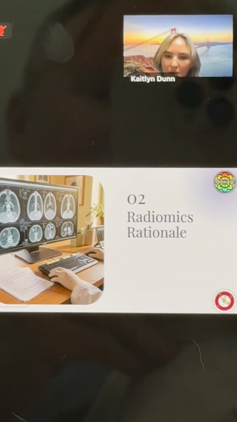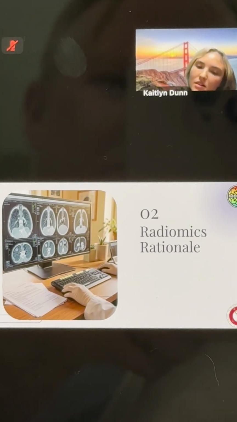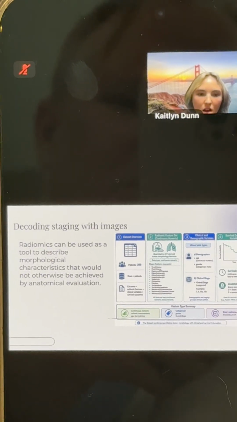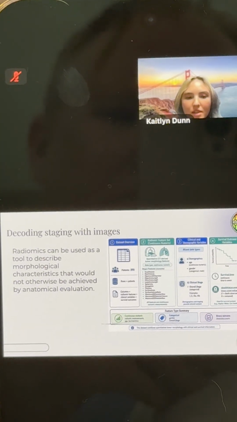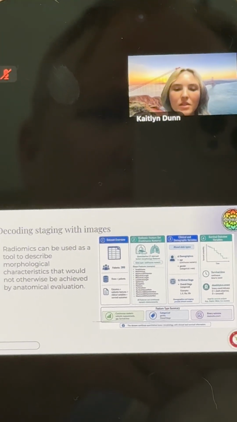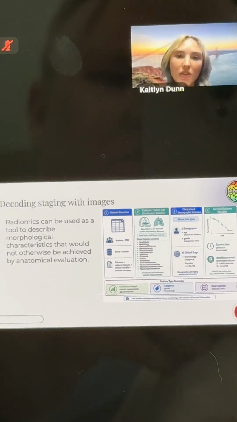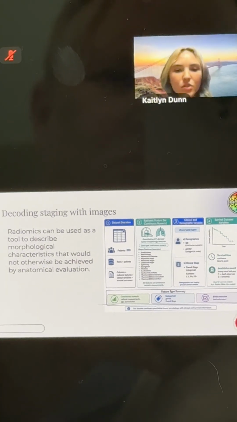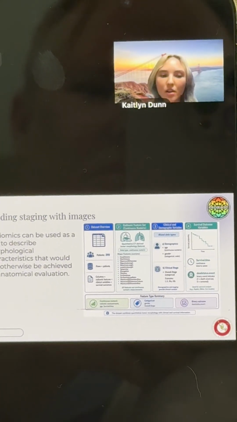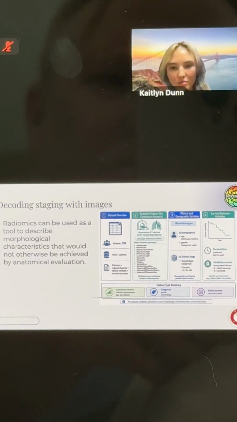So the data type that I'm using is called radiomics, and this specific data set is extracted from CT images. These radiomics can be used as a tool to describe the texture of the tumor, and I think the texture could be used as an additional biomarker to evaluate patient risk to assist prognostic decisions for survival outcome measurements.